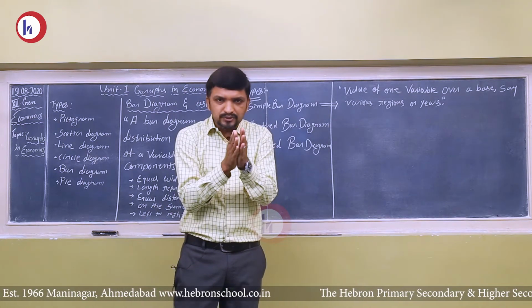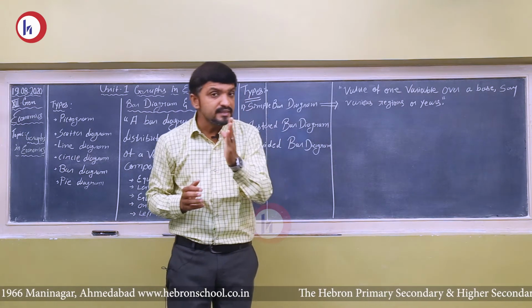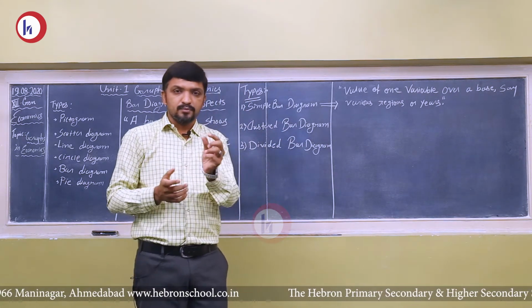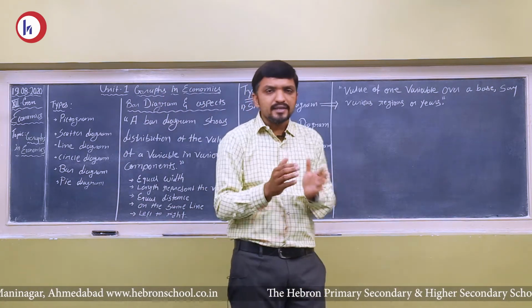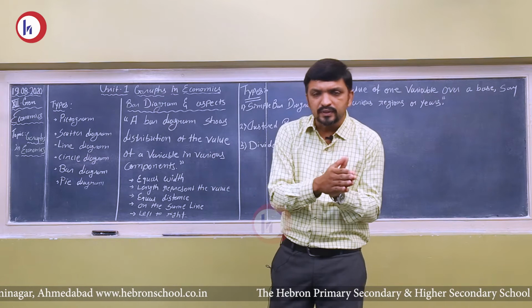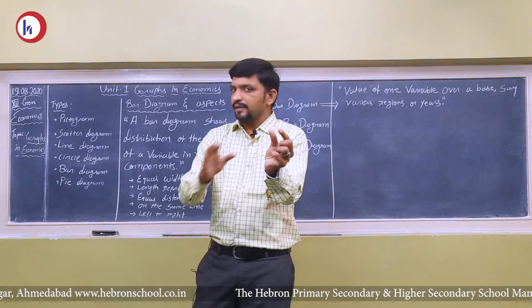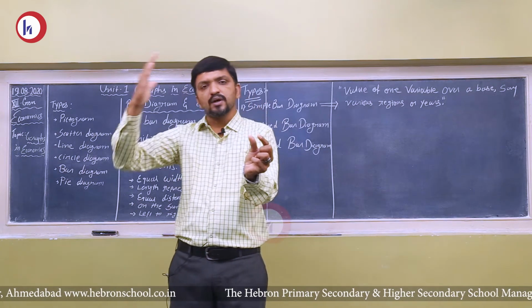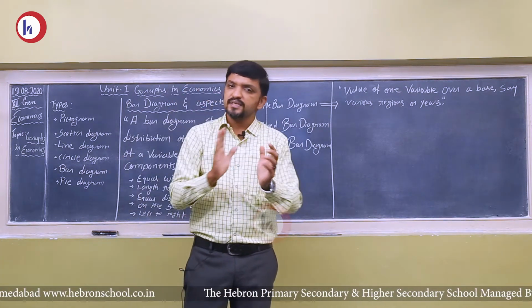The broadness of each bar must be equal. It must be the same, because the width of the bar has no relation with the component value. The width of the bar must be the same.